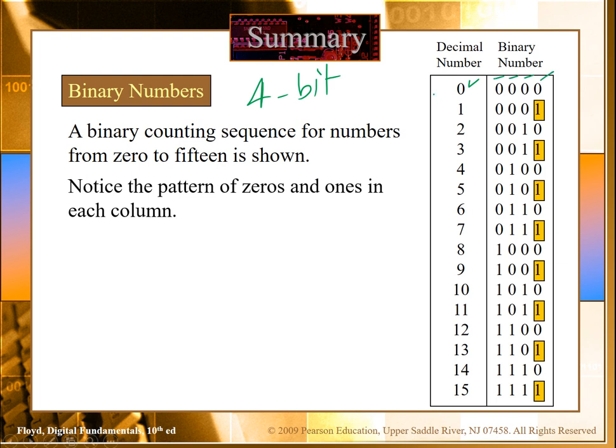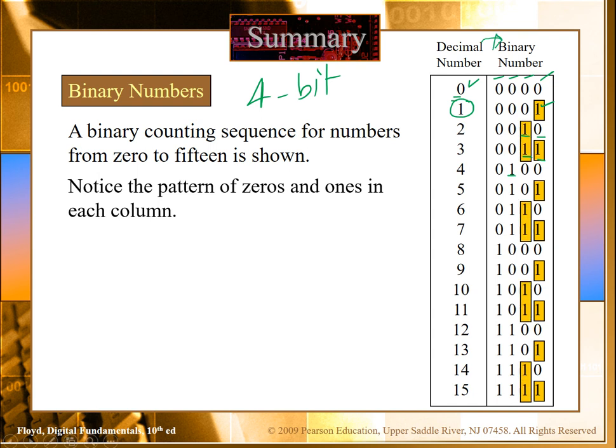In the 4-bit binary system, we can represent 0 as 0000, decimal 1 as 0001, and 2 as 0010. Basically we can convert these decimal numbers to binary numbers.